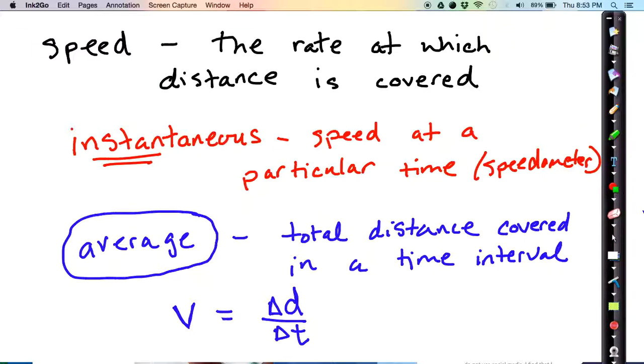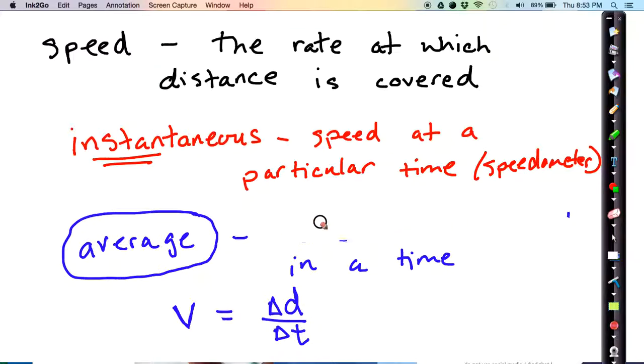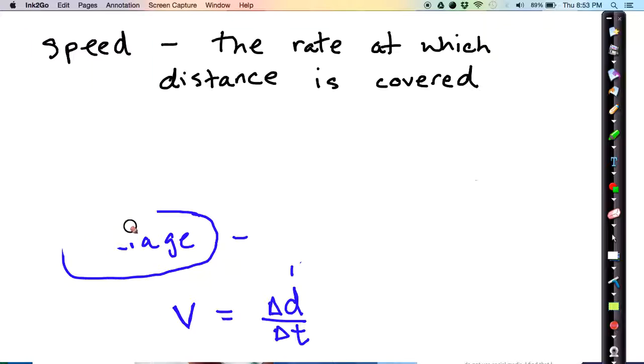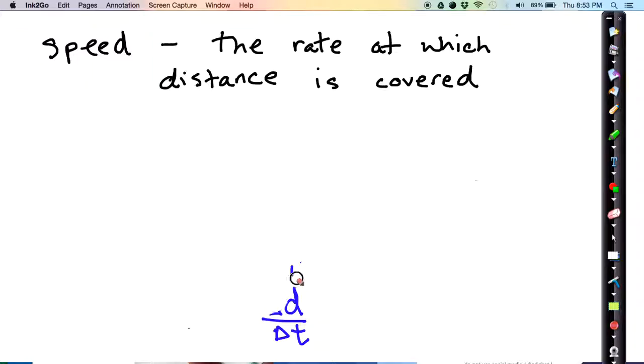So let's take a look at a simple average speed calculation using the delta d over delta t formula. So let's say that we are traveling a distance of 300 miles, and we travel this distance in a total time interval of 5 hours.